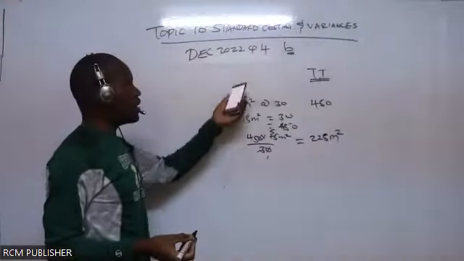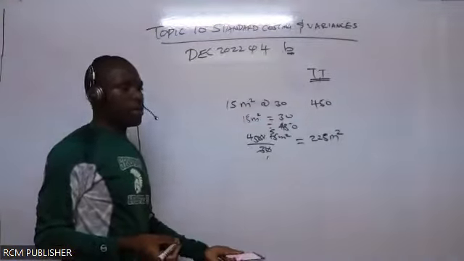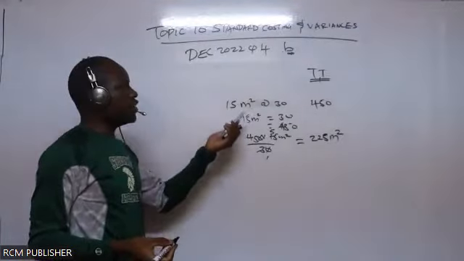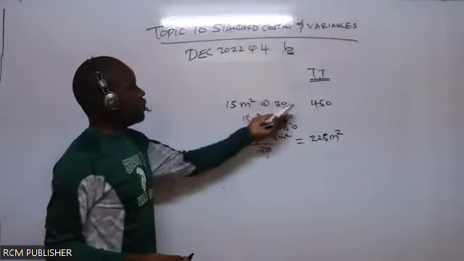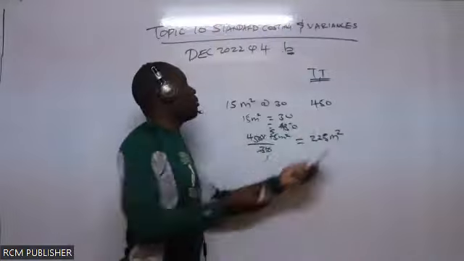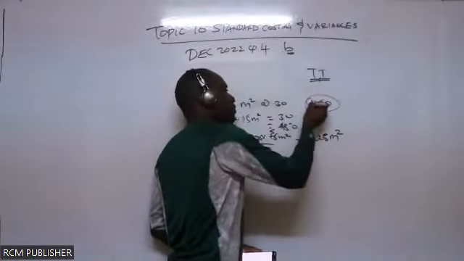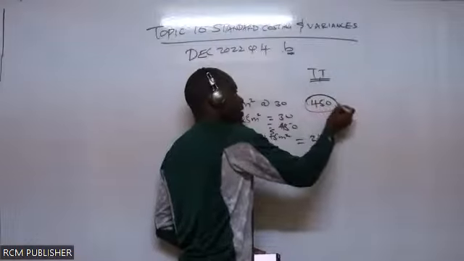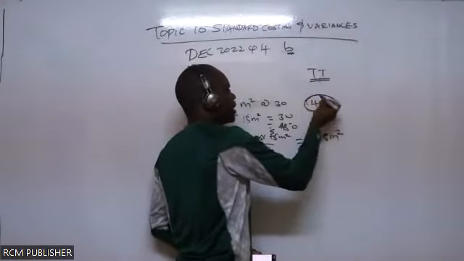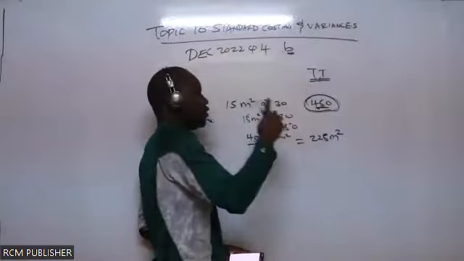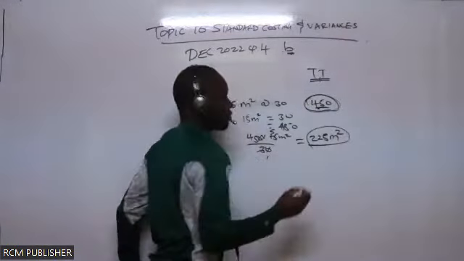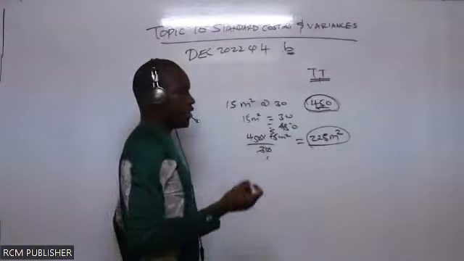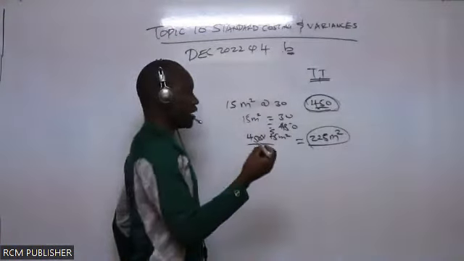If you're given the variances, then you are required to work backwards to get your cost per unit. Whatever you get when you use the variances will be this.